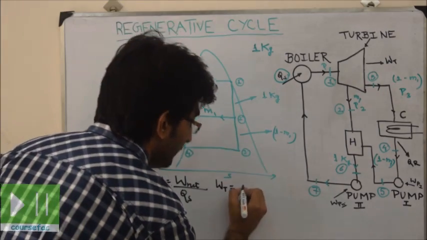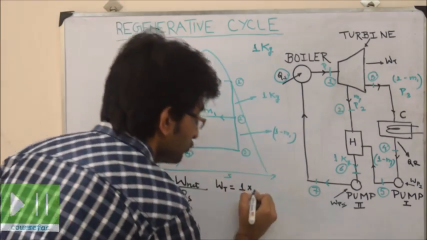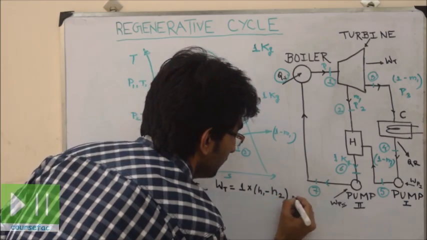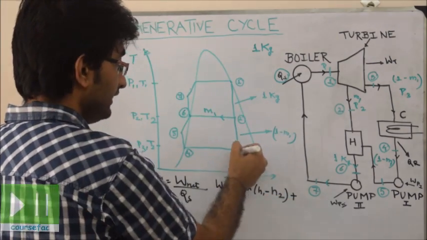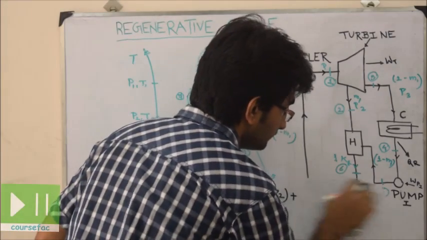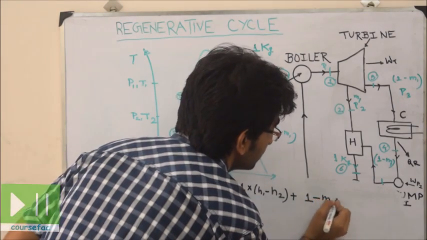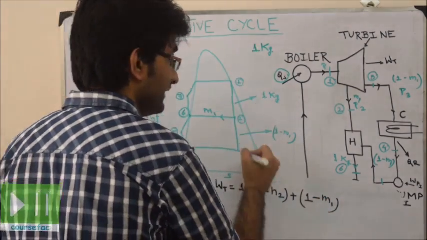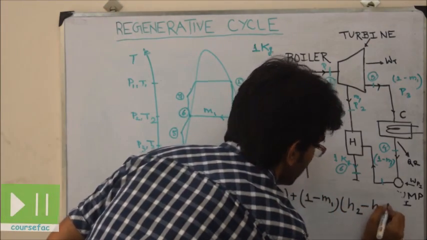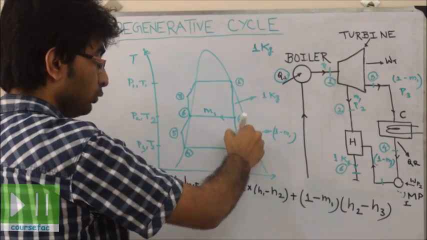So work done by turbine is equal to 1 kg into H1 minus H2, plus from point 2 to 3 we have work done for 1 minus m1 kg of steam, so 1 minus m1 into H2 minus H3. This is the work done by turbine, along line 1 to 2 and 2 to 3.